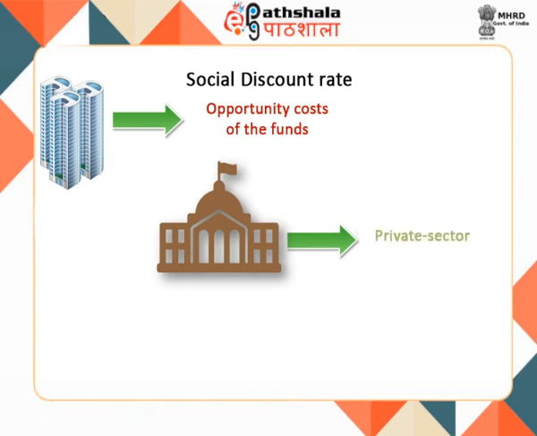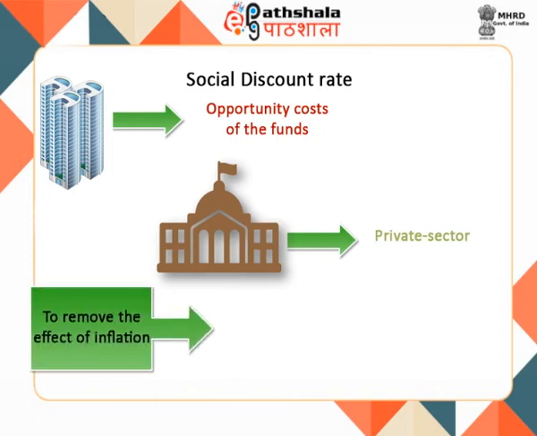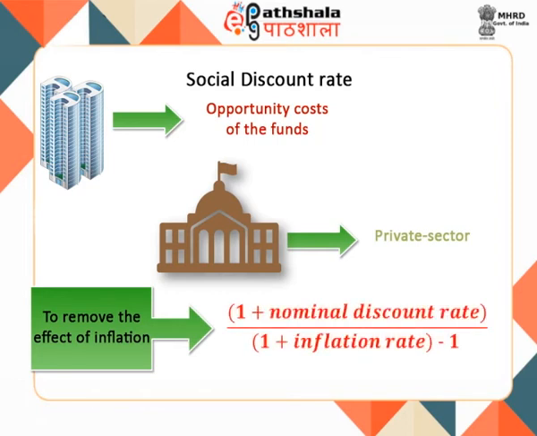The discount rate chosen should not include the effect of inflation. The formula that can be used to remove the effect of inflation from discount rates is 1 plus nominal discount rate divided by 1 plus inflation rate, and then subtract 1 from the equation.